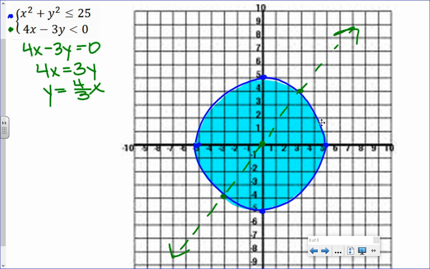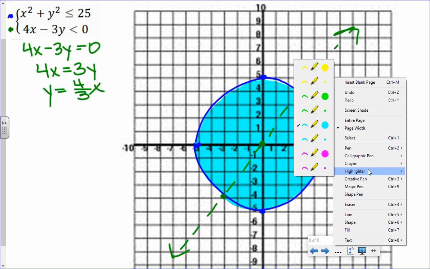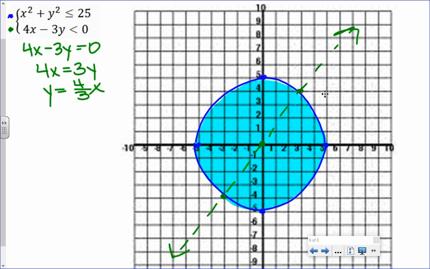So let's pick a nice but obvious point that's not on our line. 1, 0 is not on our line. If we plug in 1 for x and 0 for y, does that satisfy our inequality? We would have 4 minus 0 is less than 0. That's not okay. So we need to shade away from that coordinate that we picked since it didn't work.